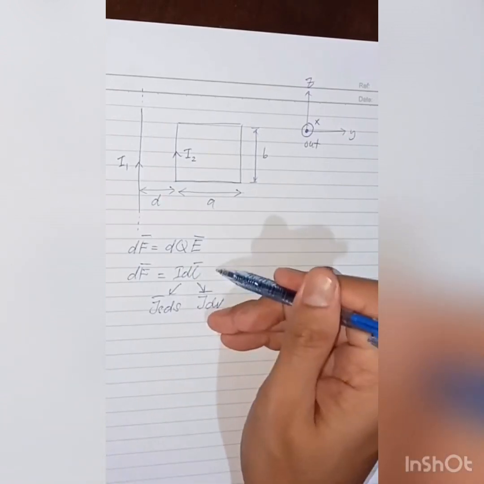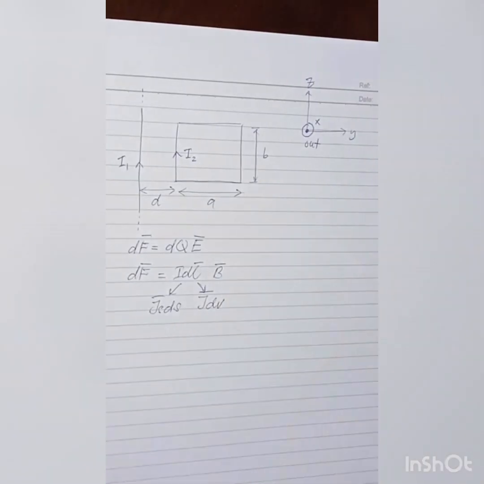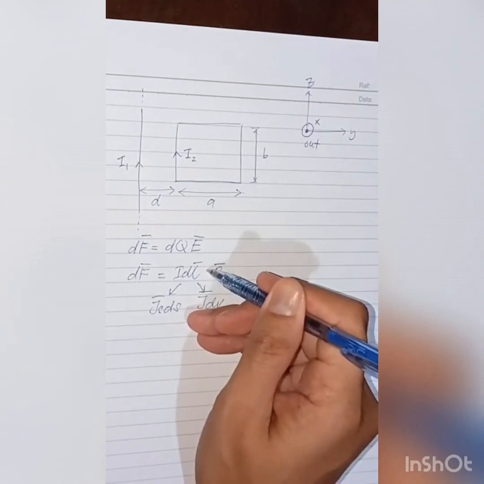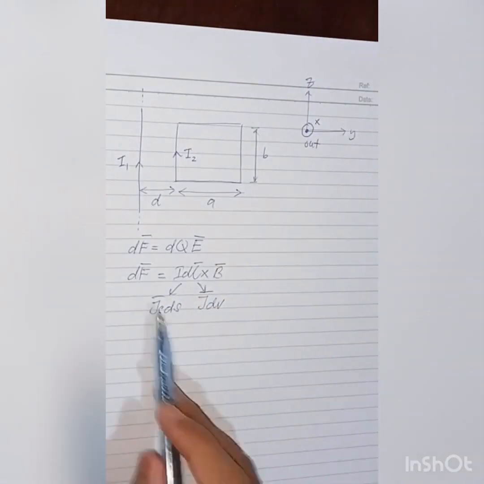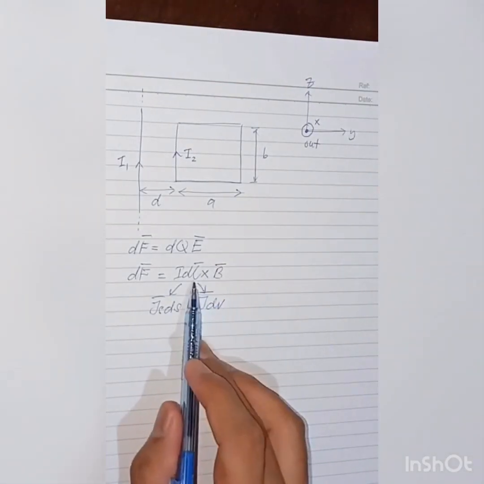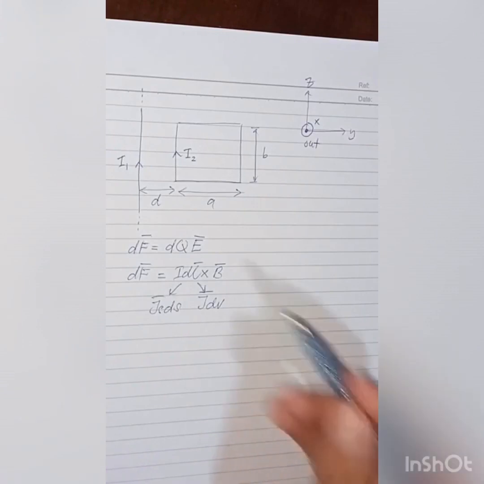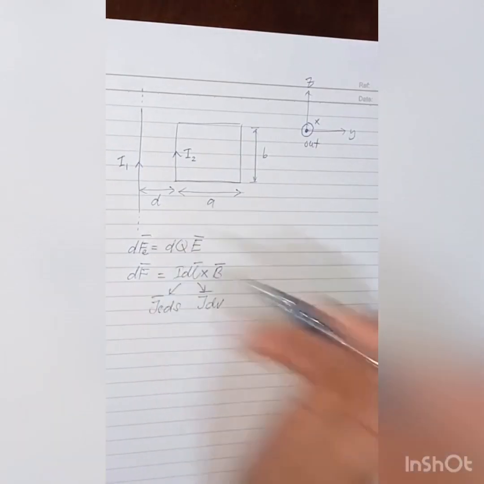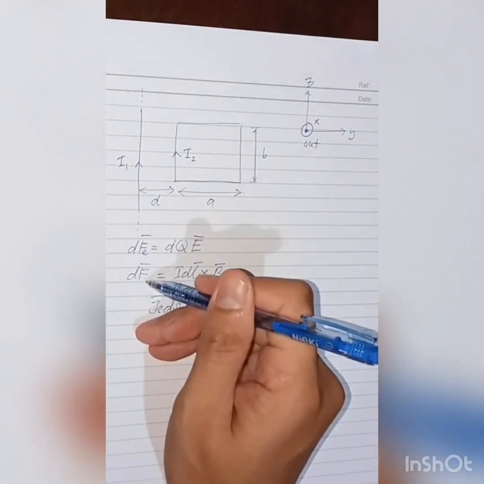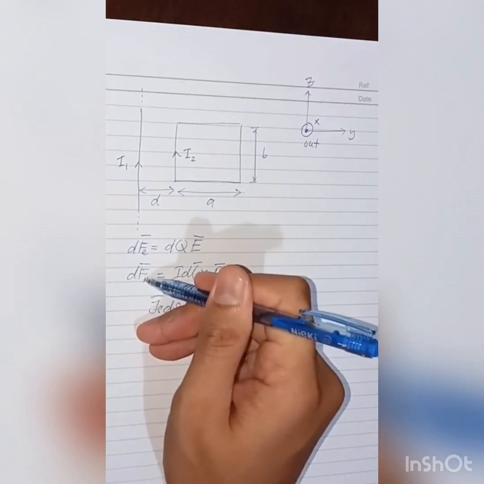Here is our B, right? So to make this equation valid, we must add this cross operation, because the output here is a vector, and we're dealing with two vectors, so we have to add this cross product. So guys, this is the force in the electric field, and this is the force in the magnetic field. I guess I can just put H also.